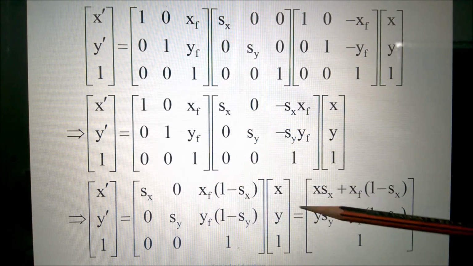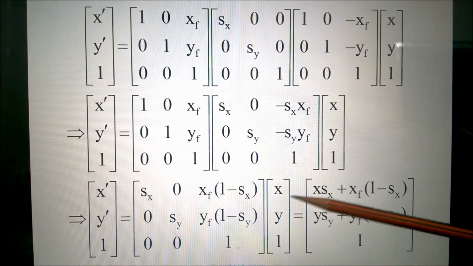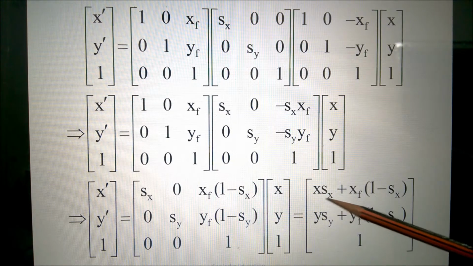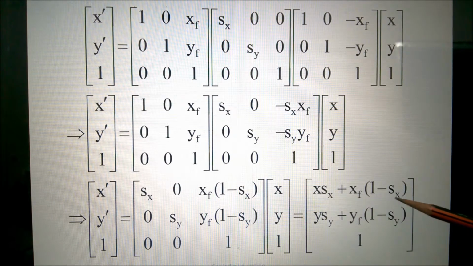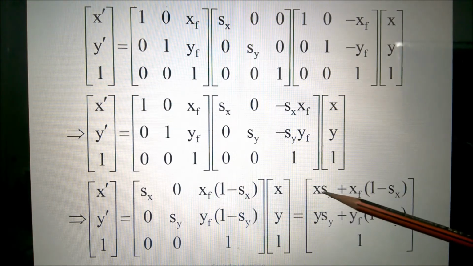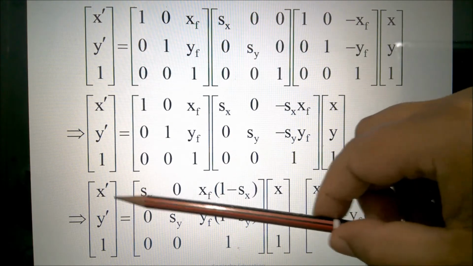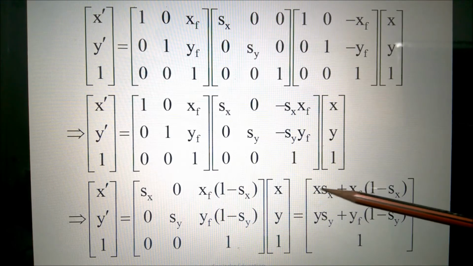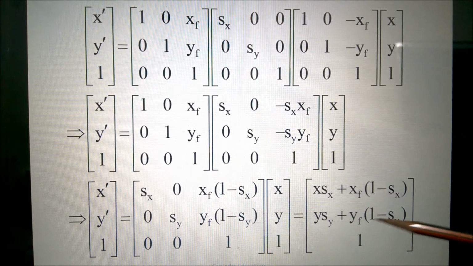Only for showing that, I have shown here, if you multiply by the original x coordinate, you will get the x dash. This is the x dash, meaning after the scaling transformation, this is the x dash coordinate. This is the y dash coordinate.